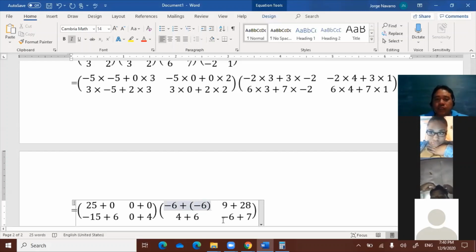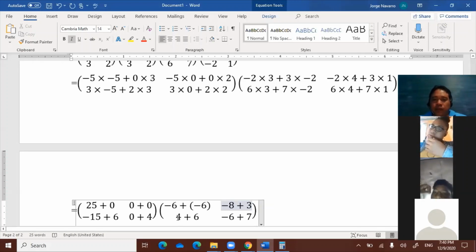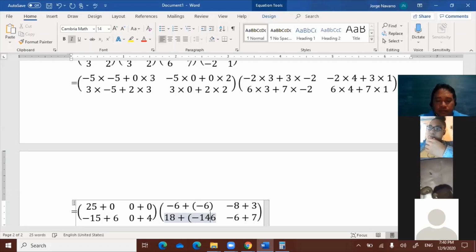The next one is going to be -8, not 9, but -8 plus 3. So no 28, so it's getting smaller. This one, 6 times 3 is 18, not 4. So 18 plus 7 times -2, that's going to be a -14. And then the last one here is going to be 24 plus 7.